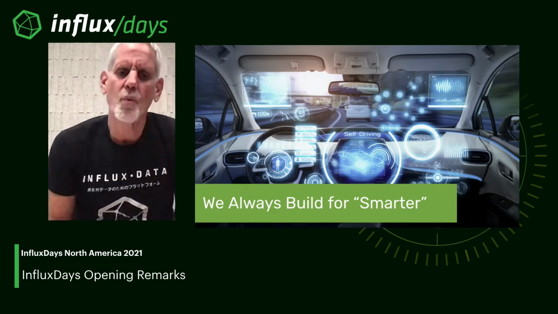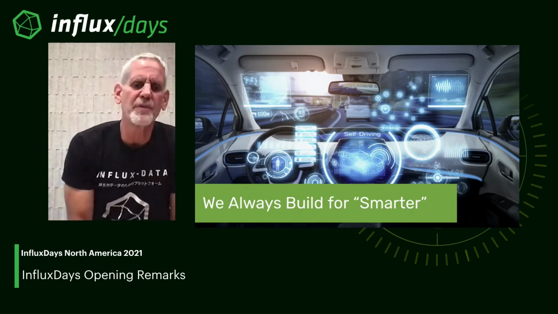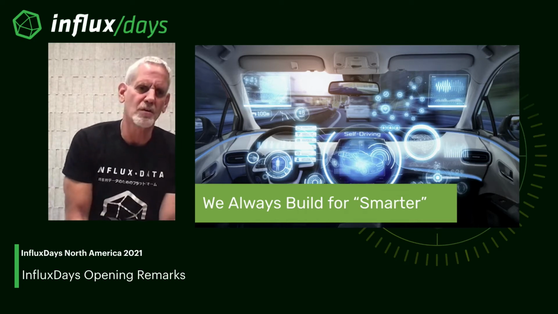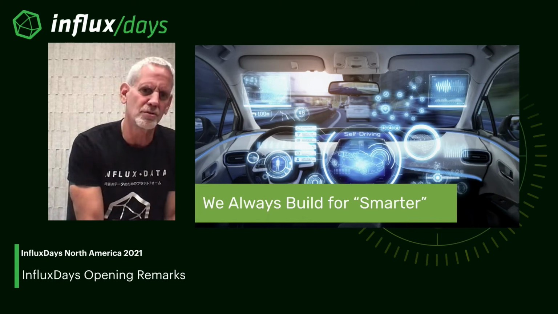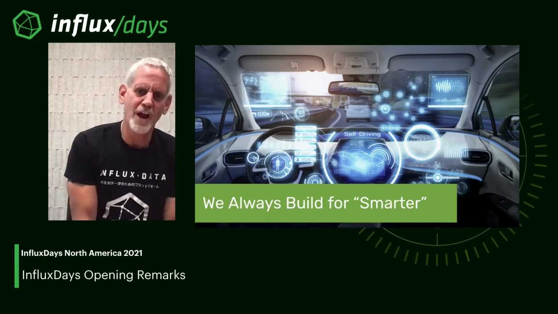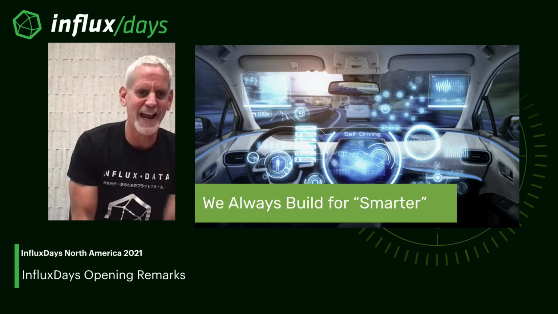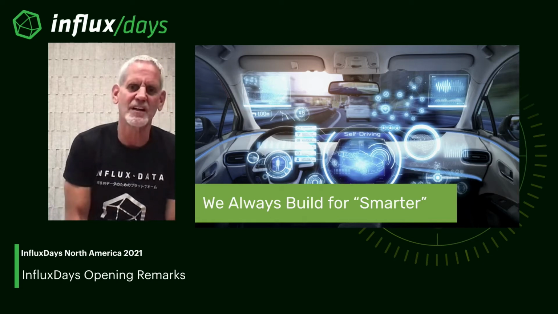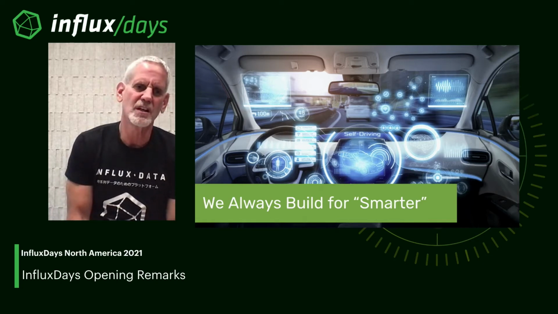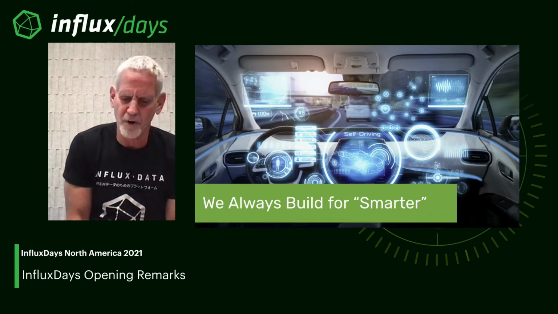And so, to segue a little bit from that, we always want to build for smarter. When we think about what developers do, the world is generally entropic. Things are generally getting more chaotic without intervention. And when we write code and when we build services or we build products, we're trying to build for smarter.